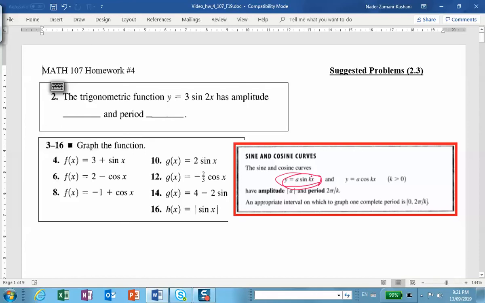The period of this function is 2 pi divided by k, where k is a positive number. In order to plot this function, all you need to do is to do it between 0 and 2 pi over k, because it keeps repeating itself, whatever you have in that interval. Okay, so let's start doing some problems here.